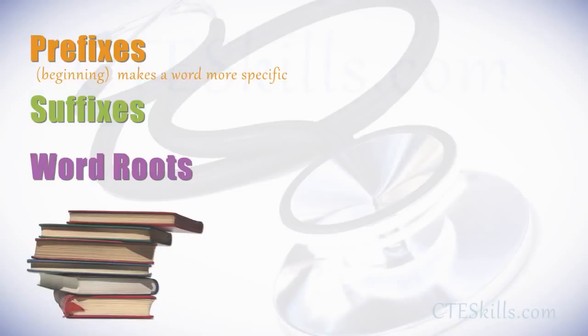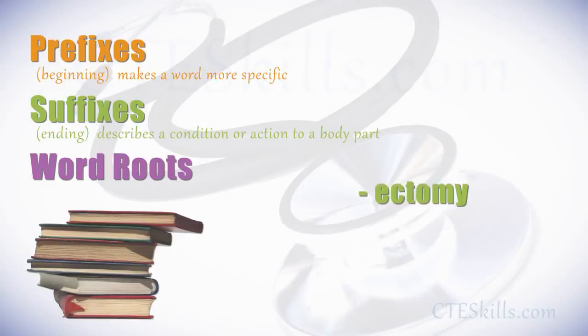It is used to make the word more specific. Suffixes are syllables or elements placed at the end of a word root and are used to indicate or describe a condition of the body and an action to a body part, such as ectomy, which is the procedure of surgically removing an organ.